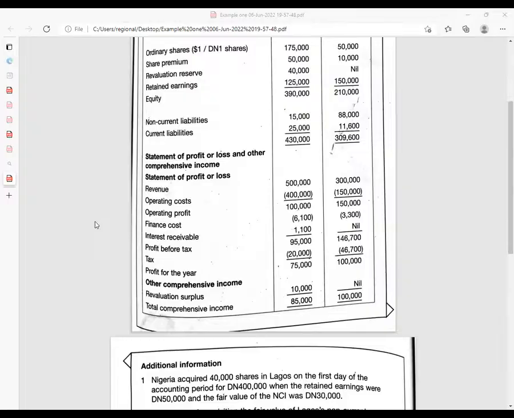After that, I have profit before tax. You can leave some space just in case something crops up. Profit before tax. Then I have taxation itself, which now will bear what we call profit for the year. And then we have OCI, other comprehensive income.